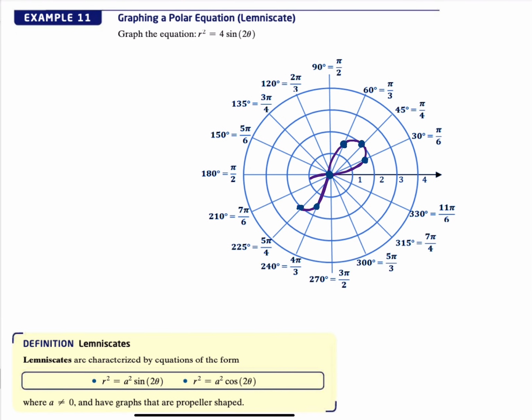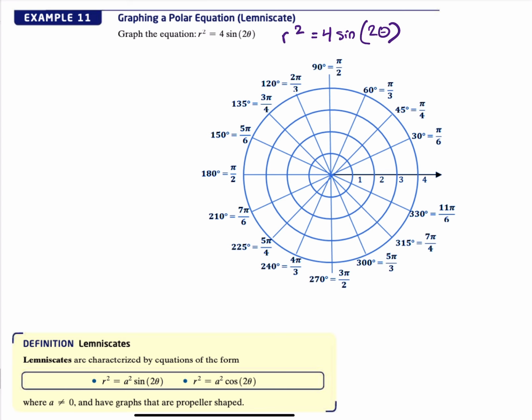All right, our next example has an r² value. So we're given r² equals 4 times the sine of 2 theta. So we get what looks kind of like a rose curve, but we have this squared r. Oops, I left it already filled out here, so kind of spoiled the surprise, but let's reproduce this graph.